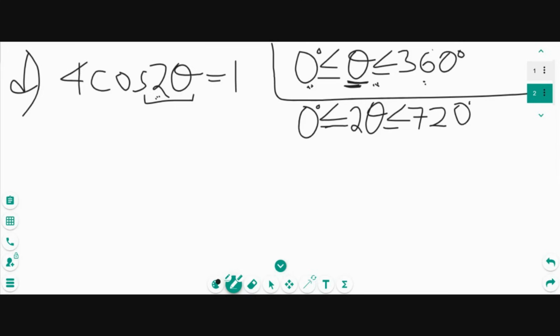That means I will divide by 4, and when I divide by 4, I'll get cos 2 theta as 1 out of 4.